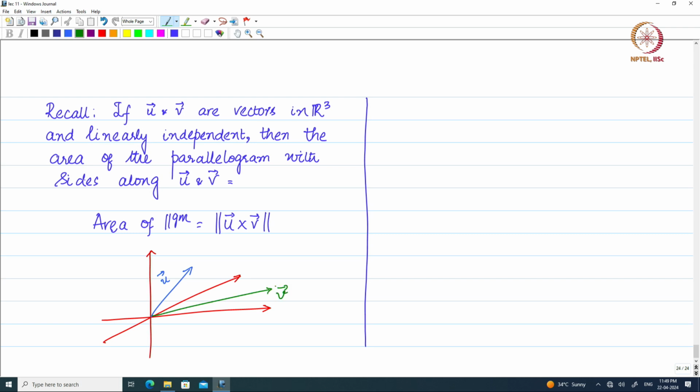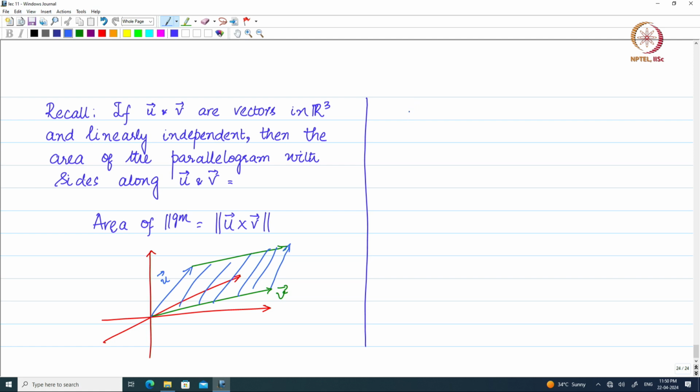Then we said that this is the parallelogram formed, and the area of this parallelogram was given by u cross v. And how did we get this u cross v? So the u cross v vector basically looked like this.